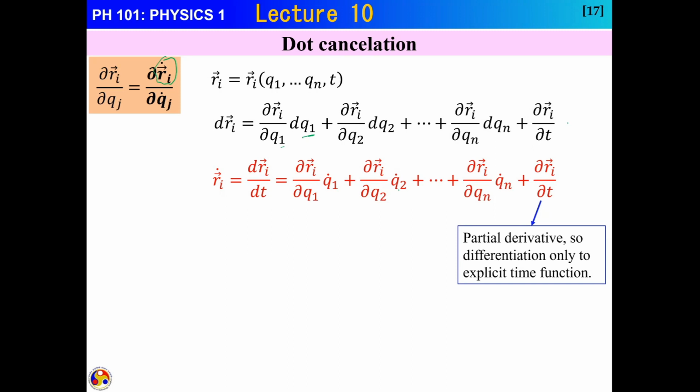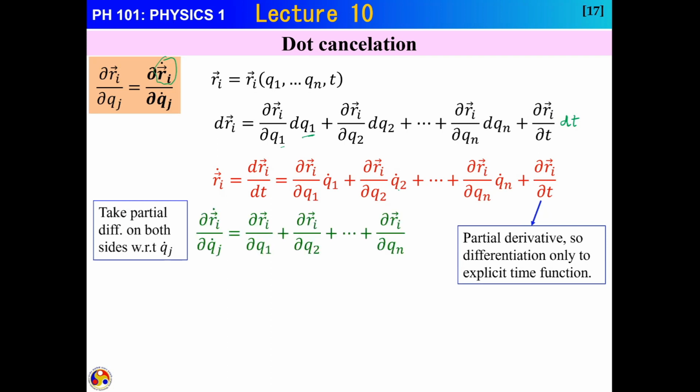So if it is there, then there should be a dt here, right? Now, taking partial differentiation on both sides with respect to q dot. So what will turn up? I have q dot here, that gets simply out. Here also out, out.